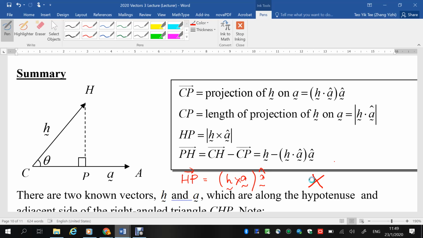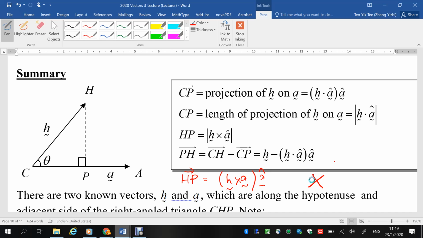So, if I ask for vector HP, how? If this formula cannot be used, and I want the vector HP, how? What to do if I want to find vector HP? Is that not your lecture now?